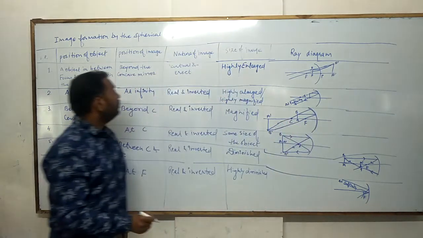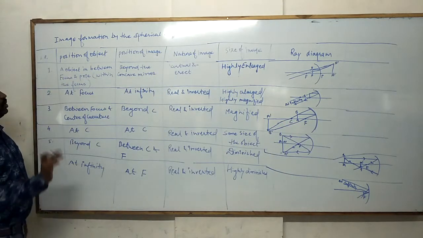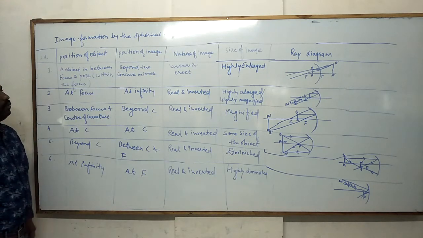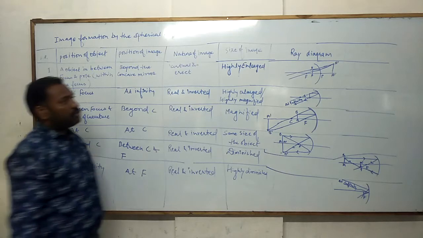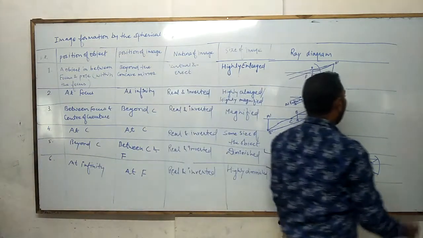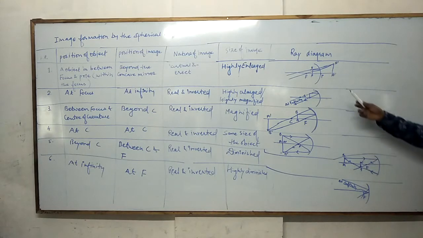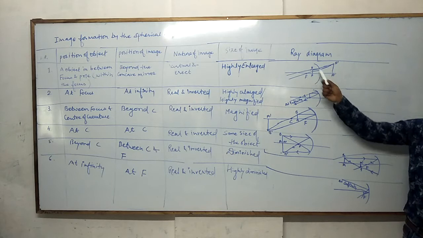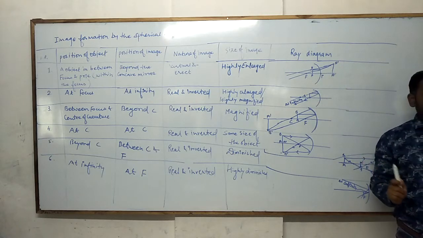When we put the object in between the focus and pole, within the focus, this is the focus and this is the pole. A and B show the object size.